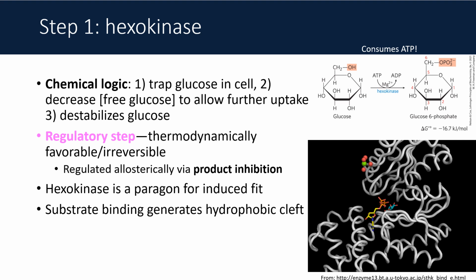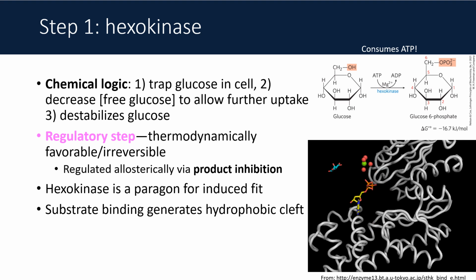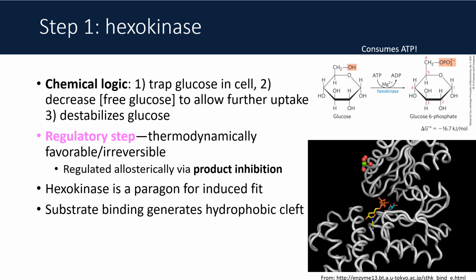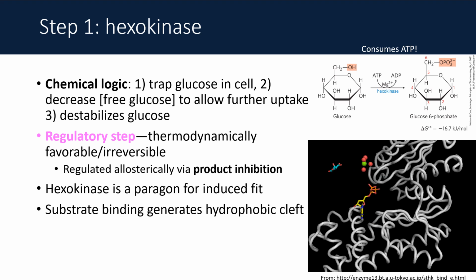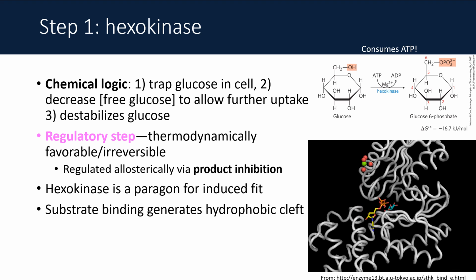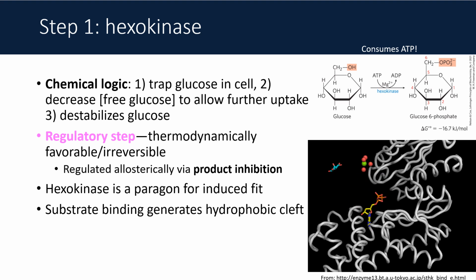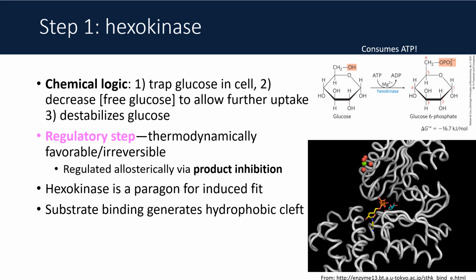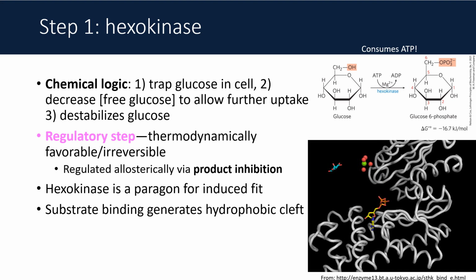And so begins the parade of enzyme mechanisms. We will be doing the mechanism of all 10 enzymes in the glycolytic pathway, starting with step 1, hexokinase.